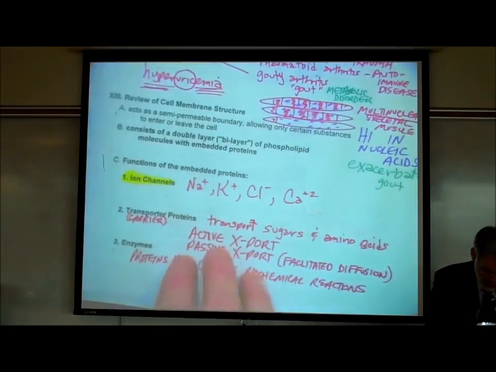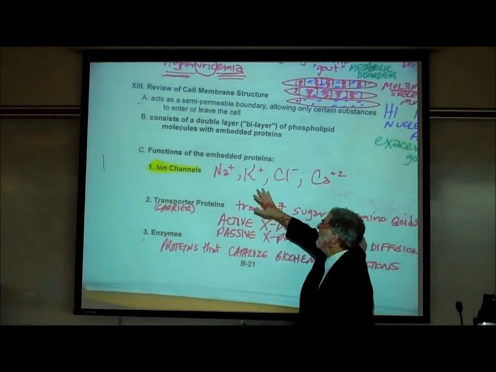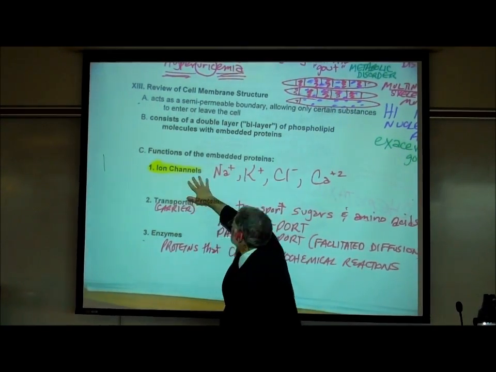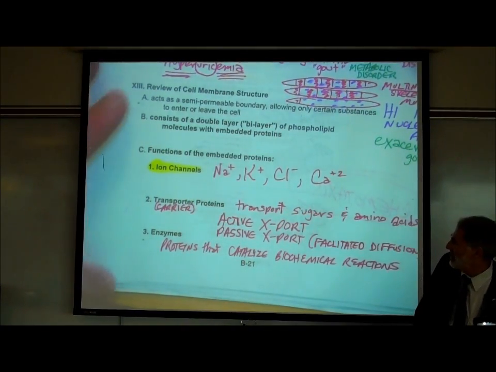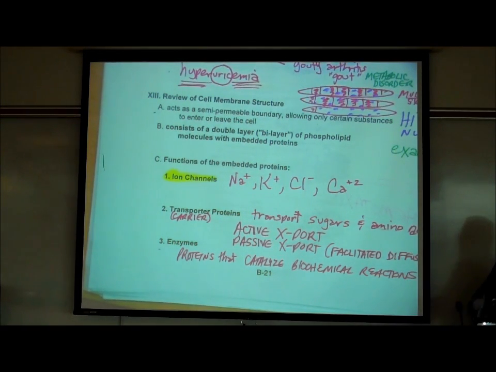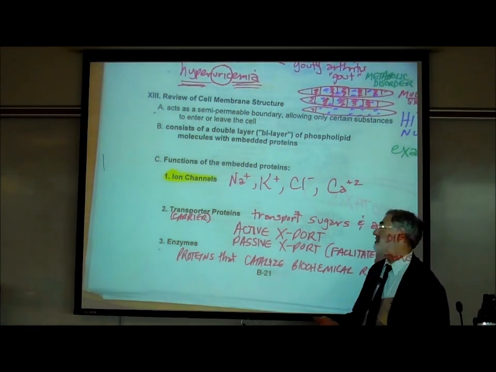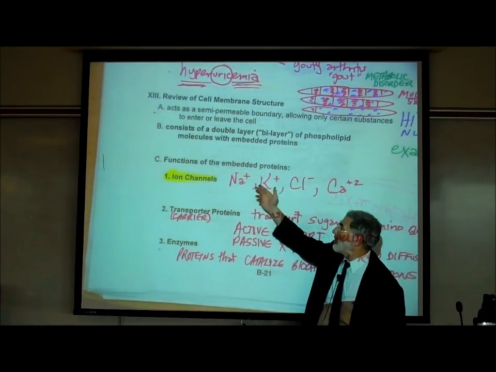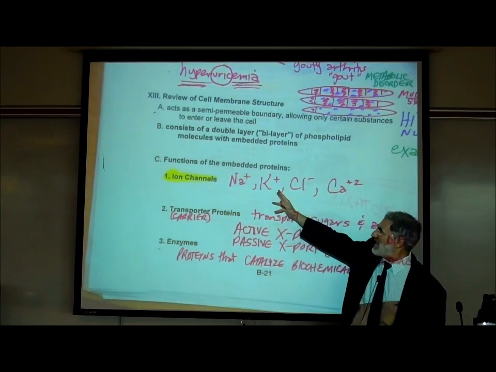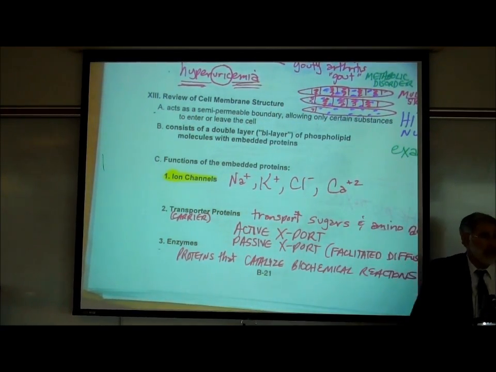Let's look on B21. So on page B21, what are the functions of these proteins? Number one, some of them act as ion channels. Now we already know what ions are. Ions are electrically charged atoms, atoms that have a different number of electrons than protons. So there are sodium ion channels, and potassium ion channels, and chloride ion channels, and calcium ion channels.